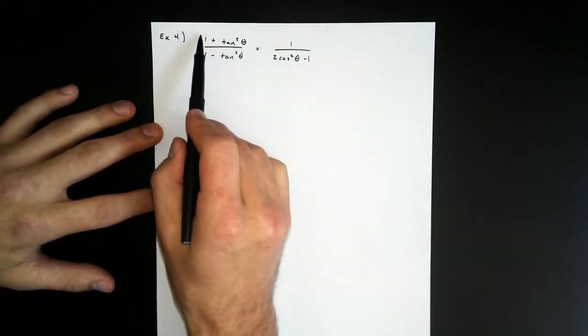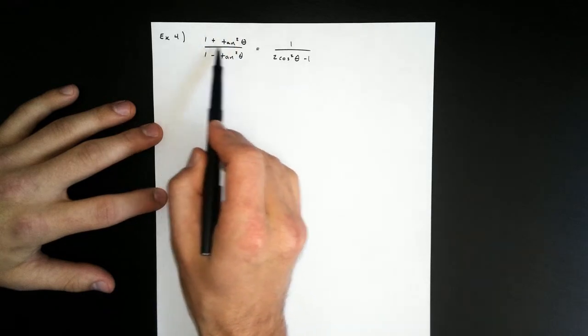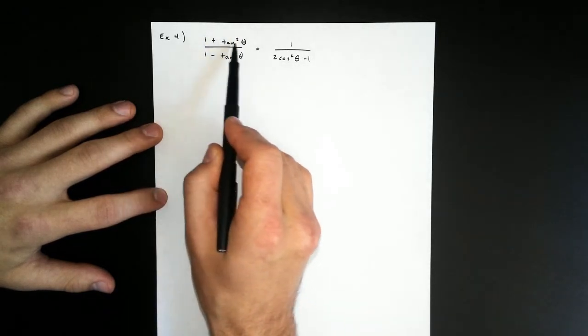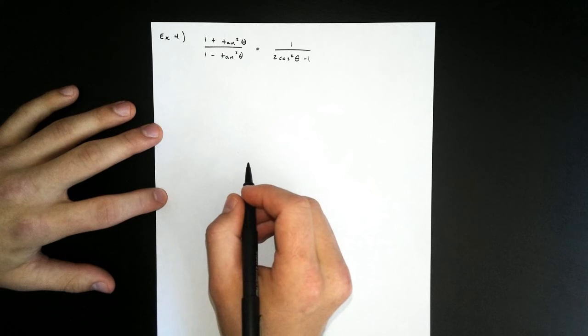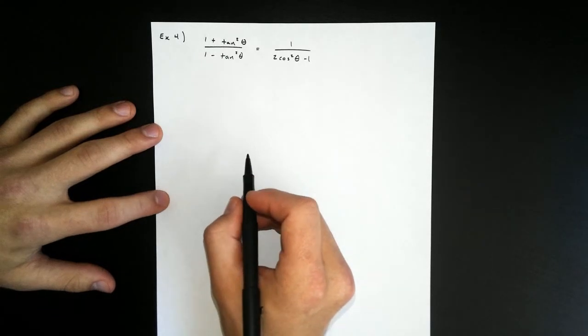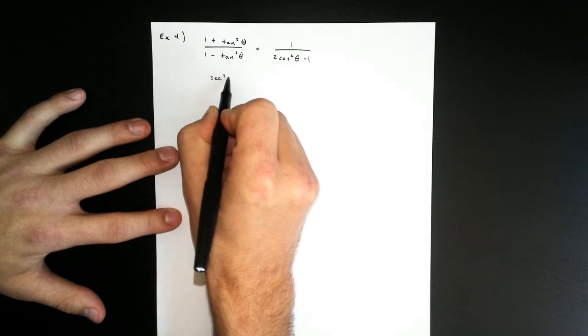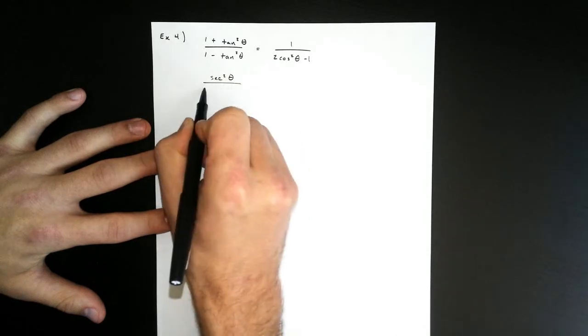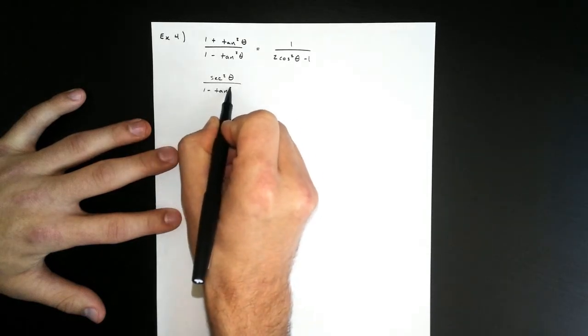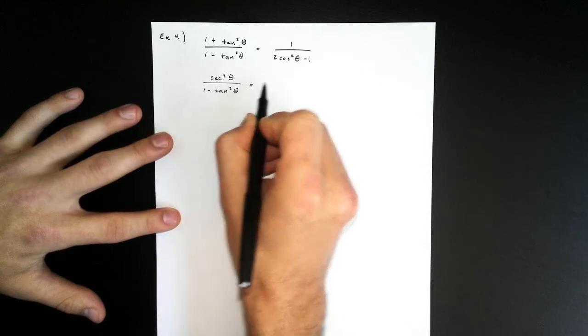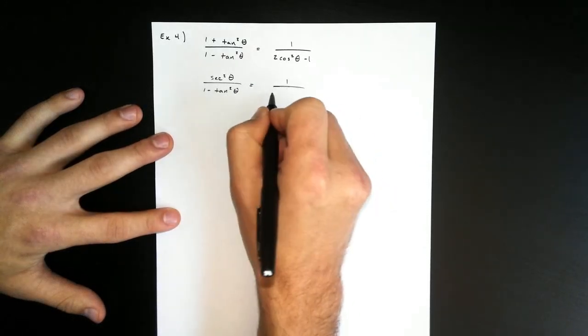So one of the first things I notice here, and I'm going to change this right away, 1 plus the tangent squared of theta, that's one of our Pythagorean identities. So the numerator here is the same as the secant squared of theta. And our right-hand side is staying the same.